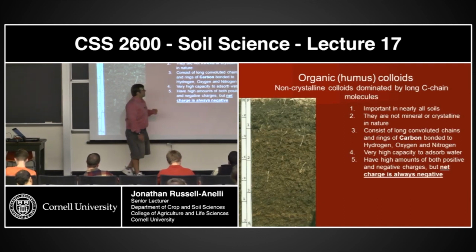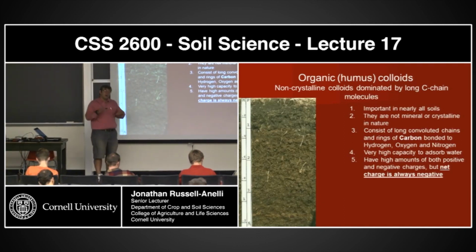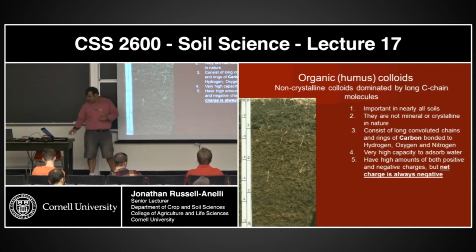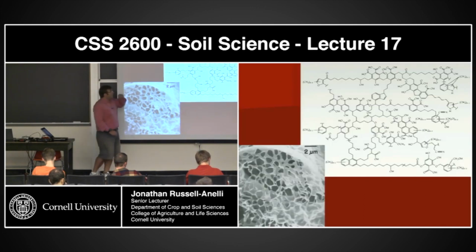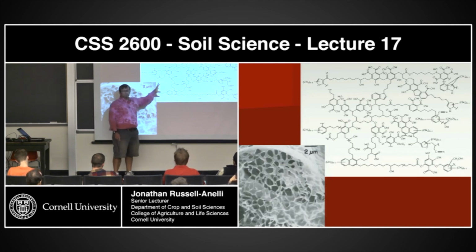They have a very high capacity to absorb water, and they have high amounts of both those positive charges as well as those negative charges, okay, though their permanent charge is still always negative. The net charge is negative. Okay, now this is again that molecule that I showed you yesterday. Or Monday. This is not a real molecule. This is just a model of an organic molecule.